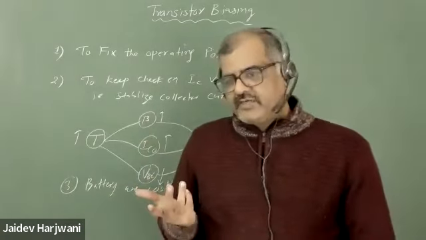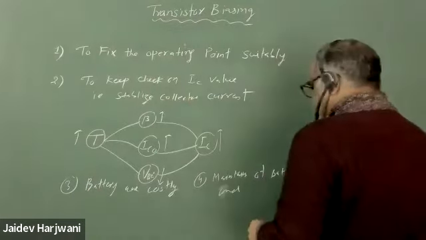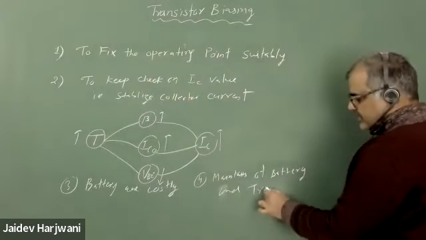Even if you are using so many transistors, they are not exactly similar. Their variation may be in VBE or in their beta value. So once you put in another instance, it would automatically destabilize your circuit. So our biasing should always keep check on IC and always try to fix my operating point. So maintenance of batteries and transistors is a challenge.